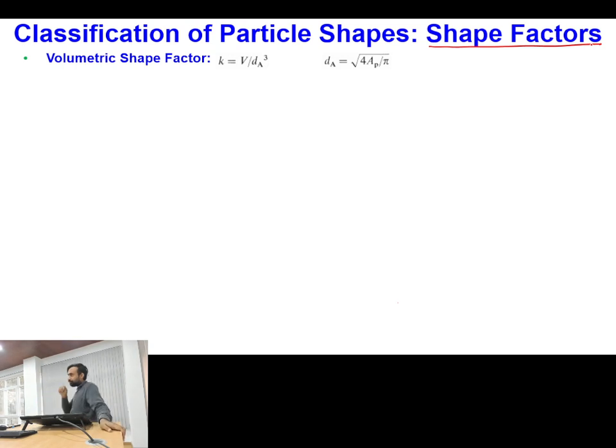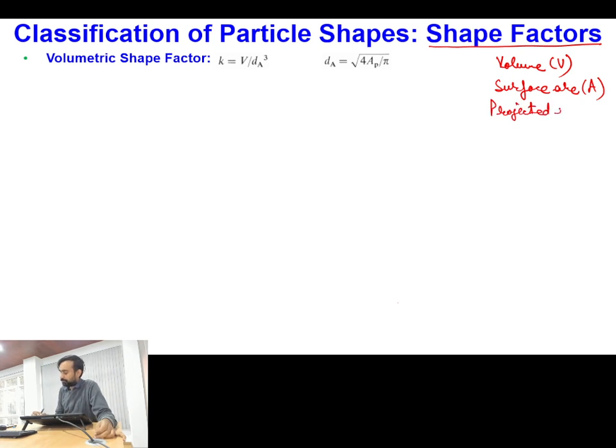Is this point clear? So when we make this equivalence, we need to first know some primary fundamental parameters of the particle. So for example, one parameter of the particle is the volume of the particle, V. Second can be the surface area of the particle, A. Third can be the projected area of the particle, AP, and fourth can be the projected perimeter, PP.